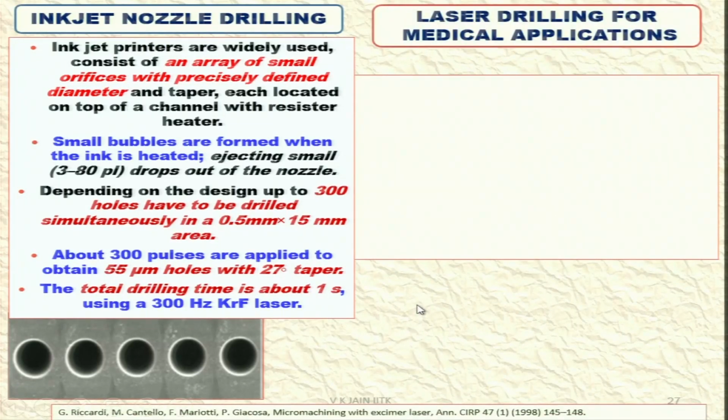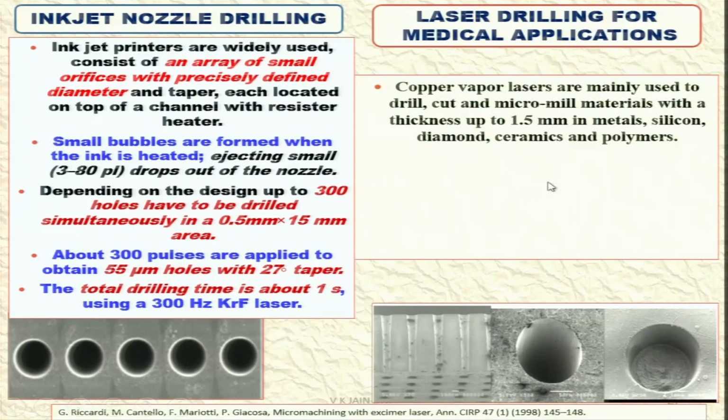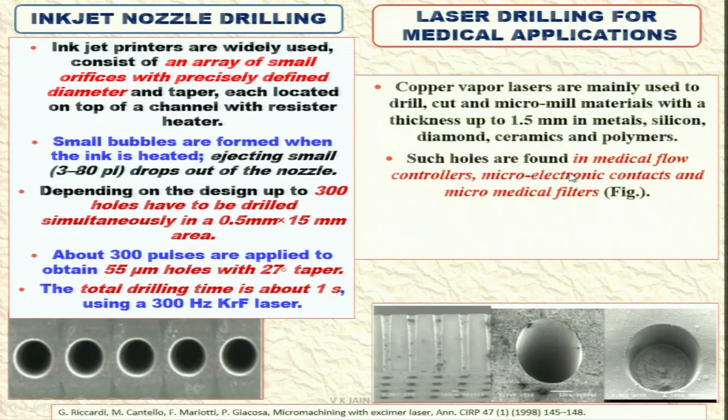Laser drilling for medical applications, very interesting. These are some of the holes drilled for laser medical applications. Copper vapor lasers are mainly used to drill, cut and micromill materials with a thickness up to 1.5 millimeter in metal, silicon, diamond, ceramics and polymers.